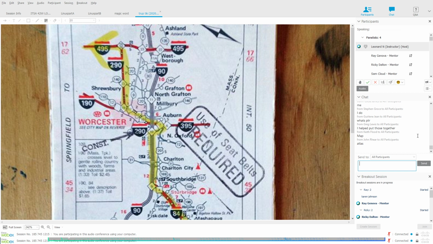It's not, nope, it was not an atlas. It was a specific route just for you, for the trip you were taking. Yeah, the reason I know this old one is because they would stamp which states you had to have your seatbelt on it, because seatbelts were not required in all states way back then.